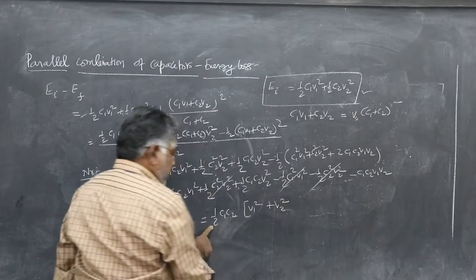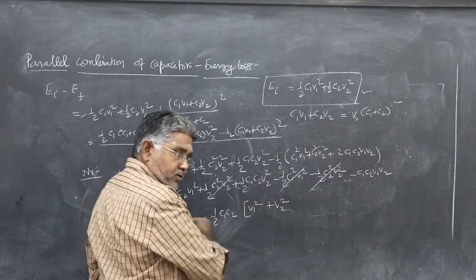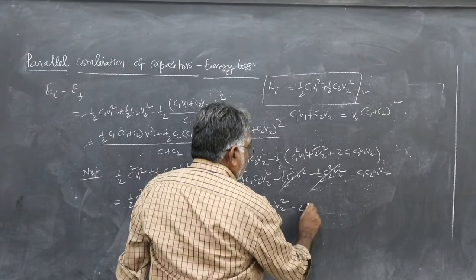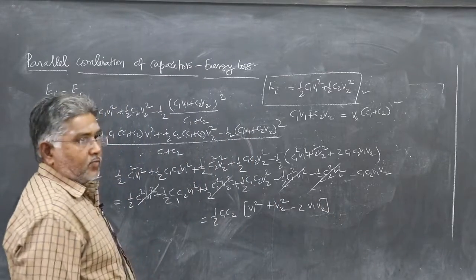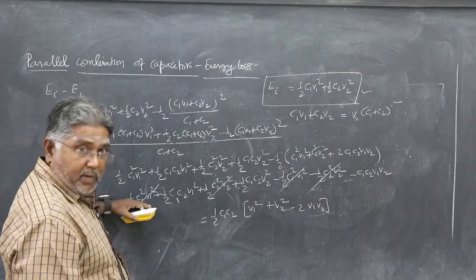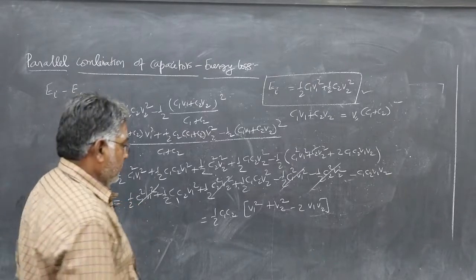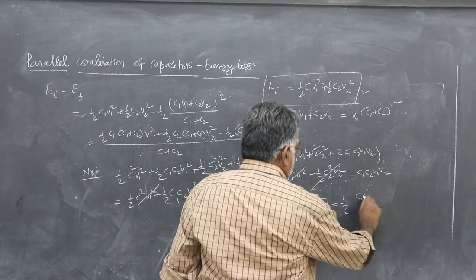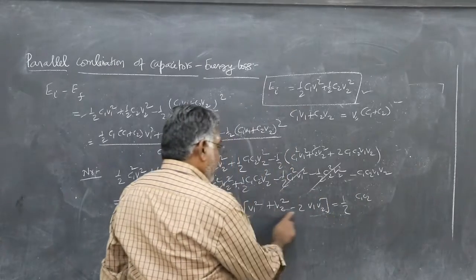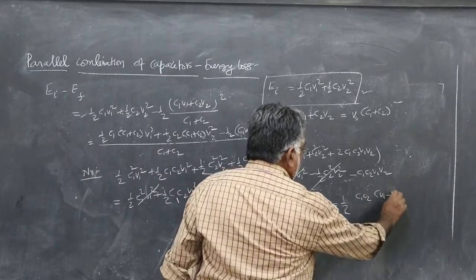C1 C2 outside, but there has been half taken out, so minus 2 V1 V2. When you simplify the remaining things in the expression, this can be written as half C1 C2, this will be V1 minus V2 the whole square.